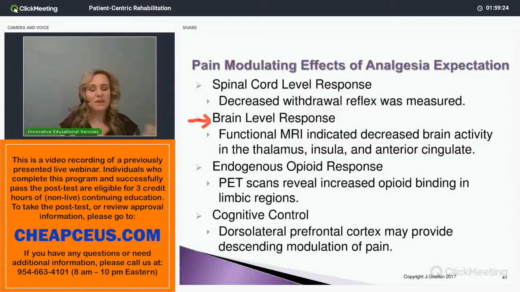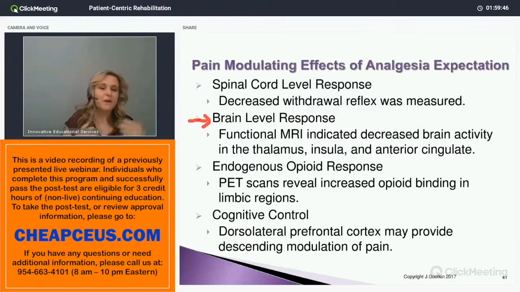They found that even the patients who received the placebo, when they looked at the functional MRI, had altered pain activity in the thalamus, which interprets and regulates that and disperses the commands to the rest of the brain for reaction. So they found there was a positive reaction to this placebo.